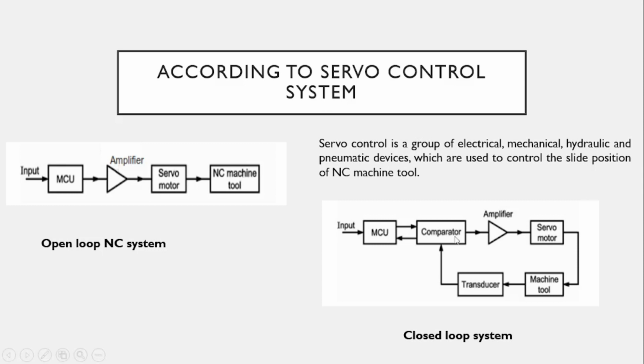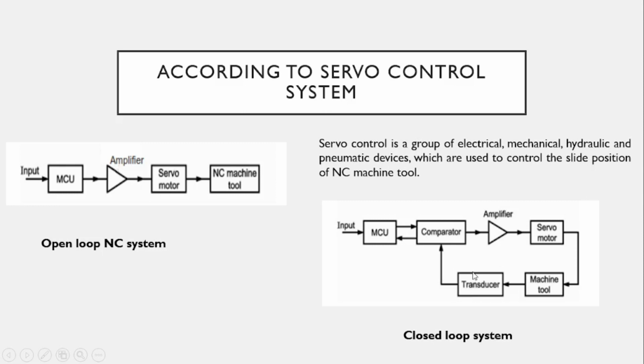Okay, here the same components, closed loop system: input given to the main control unit, and signals given to the comparator. This comparator gives the feedback again to the main control unit, and then it moves the corrected signals to the comparator, and then it moves to the amplifier, and it moves to the servo motor, and the signals move to the machine tool, and after that the output will be moved to the transducer.